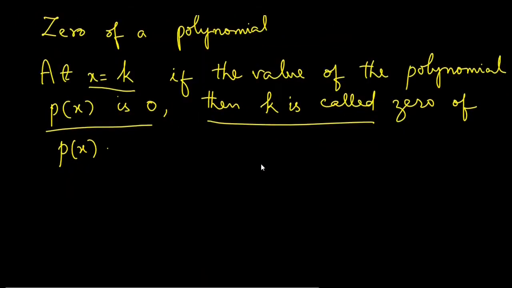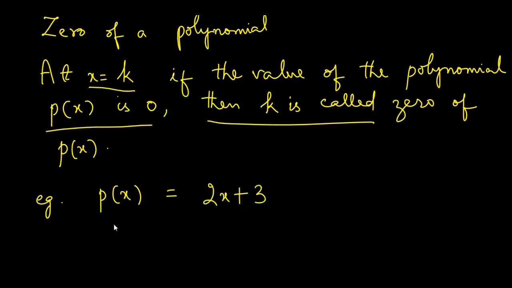For a linear polynomial, let us take an example. Example, p of x is equal to 2x plus 3. Say at x is equal to k, p of x has value 0.